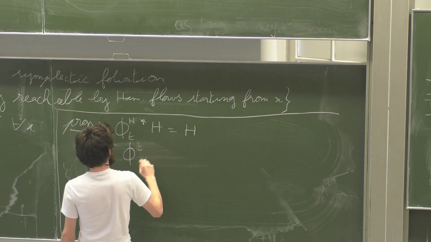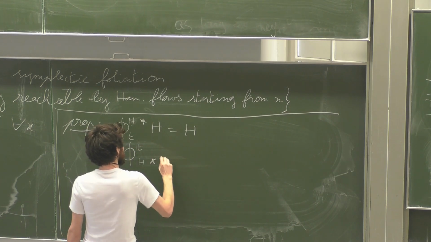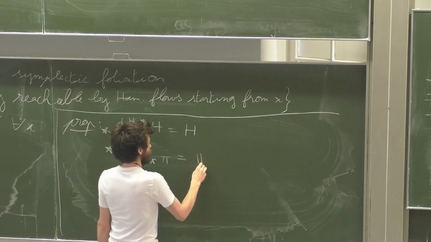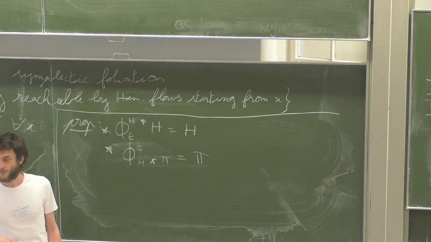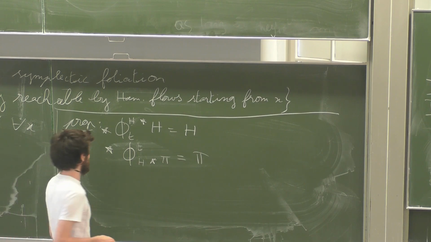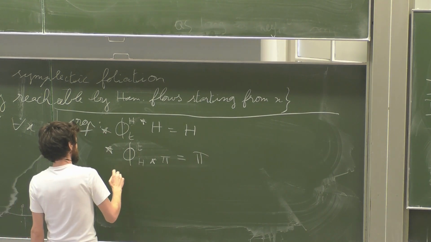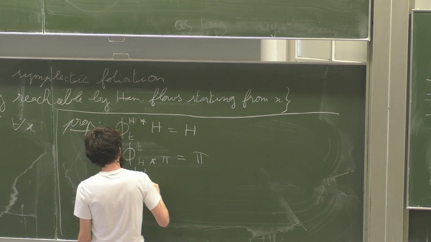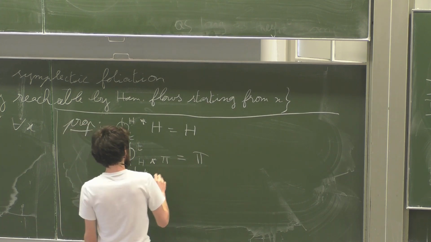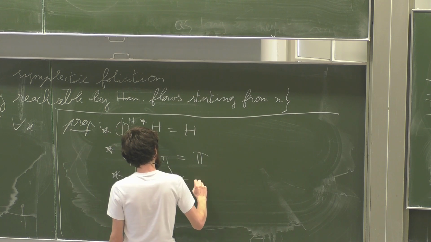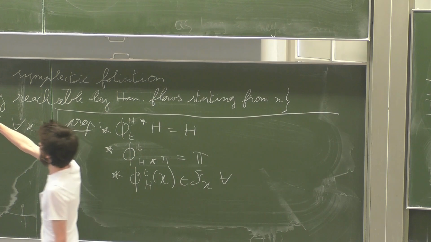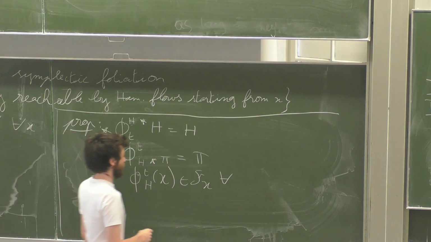One thing I haven't said yet is that the Poisson tensor is also preserved, a consequence of the Jacobi relation Anton told you about. And the third property is that you stay on the leaf. So it's what this theorem tells you about.